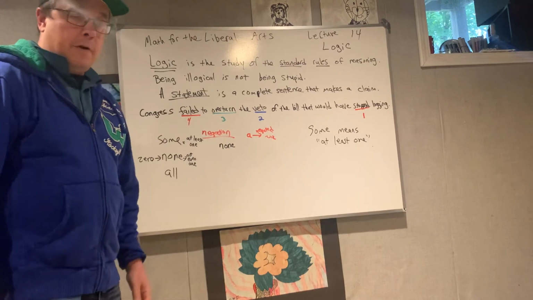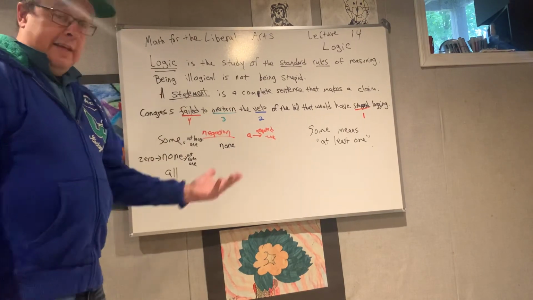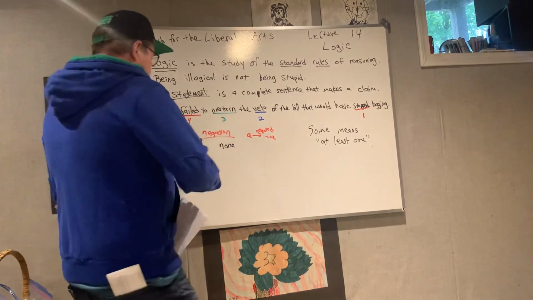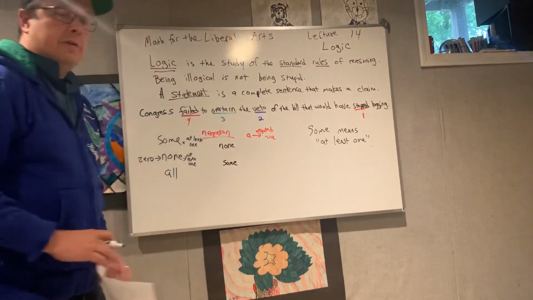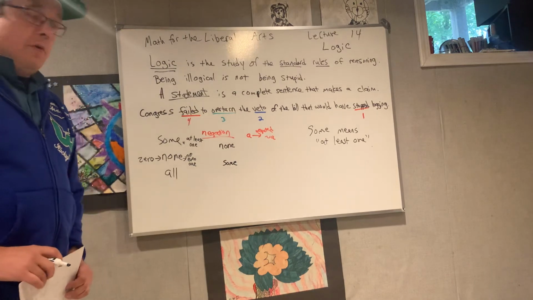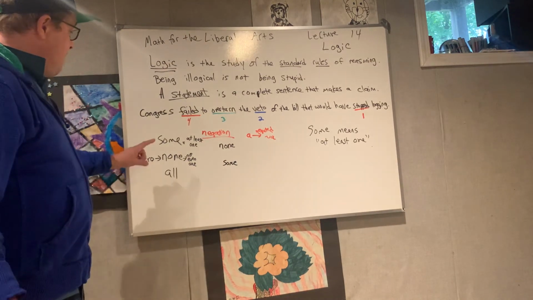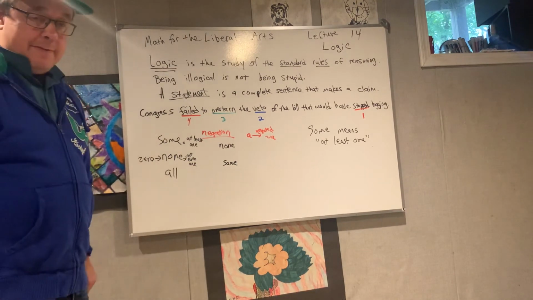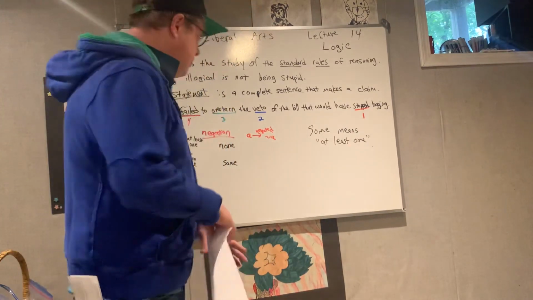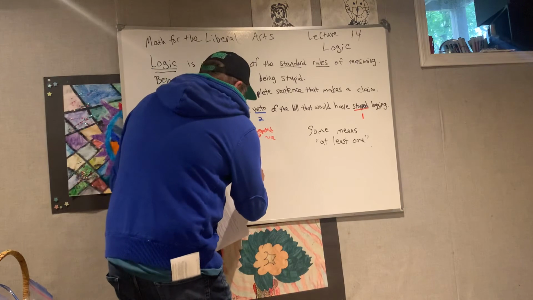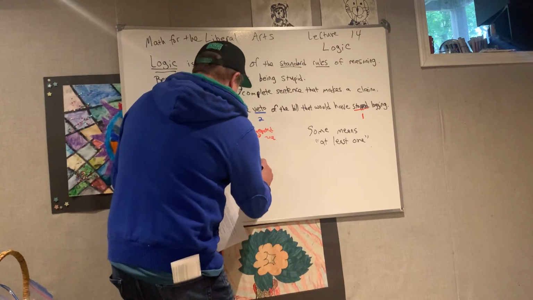So who went to the store? At least one went to the store. So we would call that some. Is it possible that everyone went to the store? If it's false that nobody went, is it a possibility that everyone went? The answer is yes. And therefore, that answer is or all.